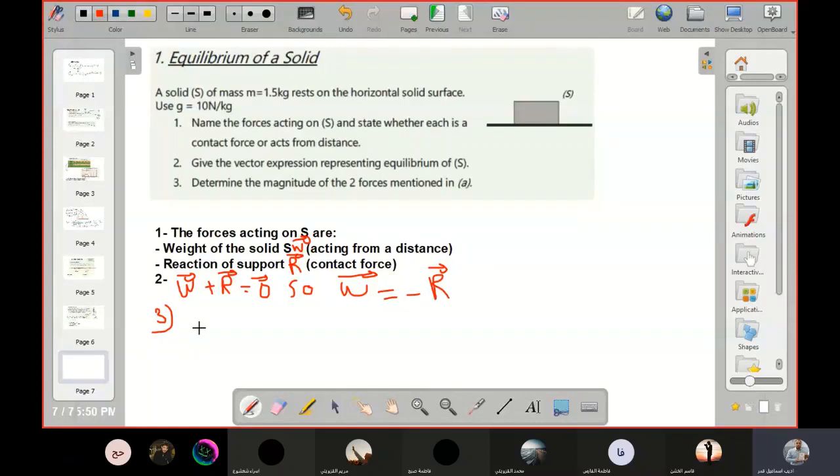Magnitude means we talk about the magnitude relation. First, what can we find? We have the mass, so we find the weight. The weight equals mass times gravity. 1.5 kilogram times 10 Newton per kilogram equal 15 Newton.